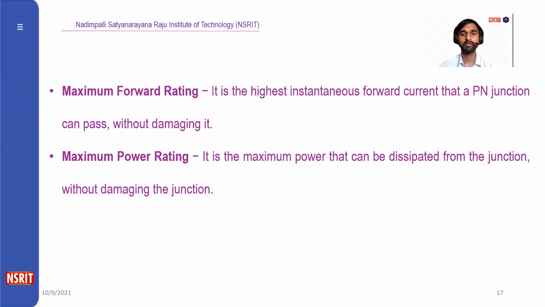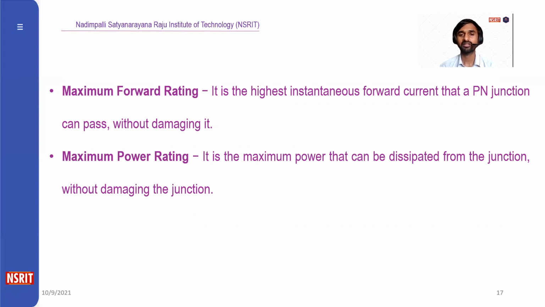Next is maximum forward rating. It is the maximum amount of current that can pass through your PN junction diode, or the maximum current the diode can conduct without damaging itself. Now, coming to maximum power rating: it is the maximum power that can be dissipated by the PN junction diode without damaging the junction.